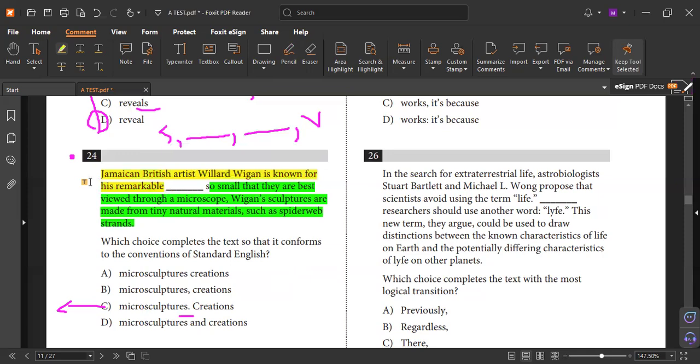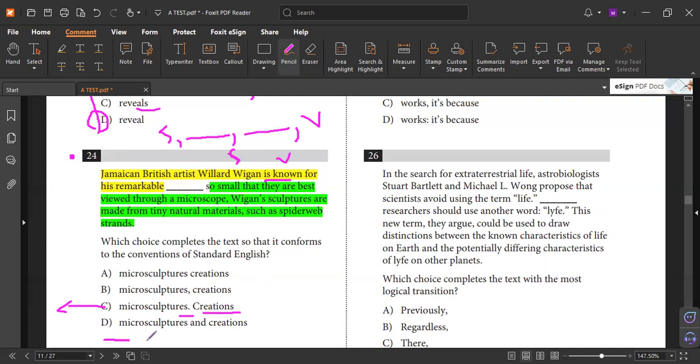I must find the subject and the verb and the complement to check whether this is a sentence or a fragment. Now I'm checking. This subject here is a noun, verb, and then yes, to the full stop, complete. So that means this following one is a sentence. Why? Now check. Creation so small that they are best viewed through a microscope.